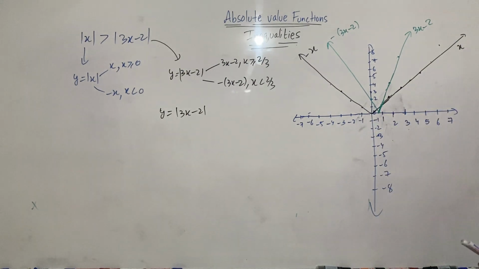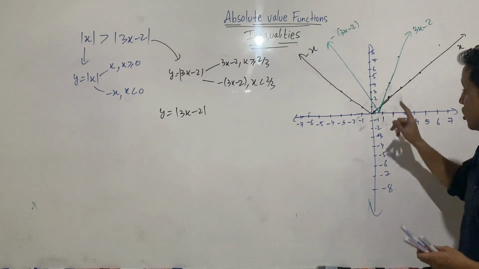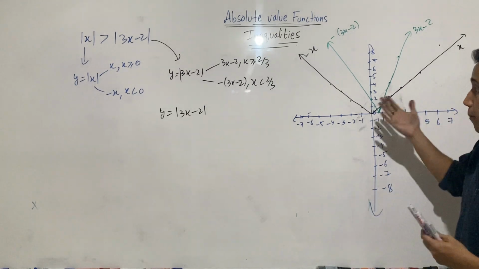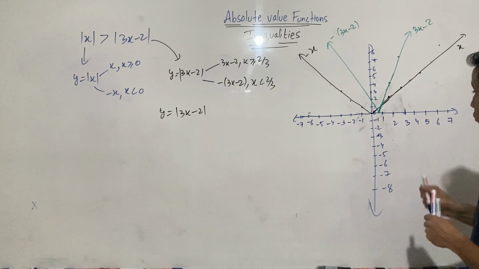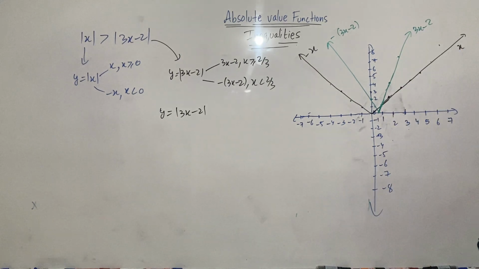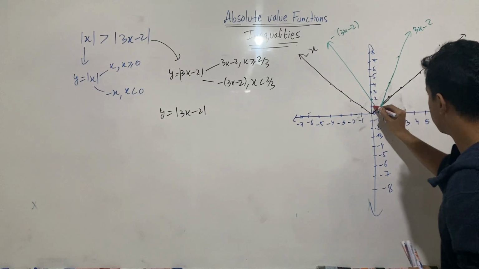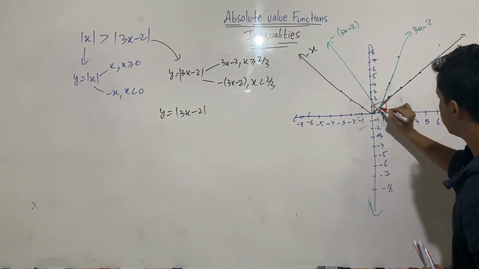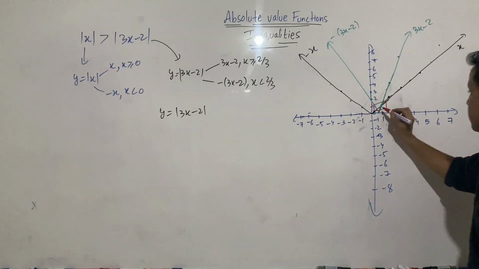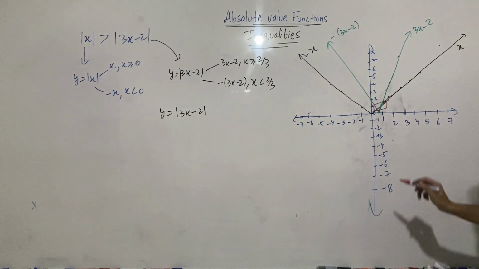So what's that part? See here, in what region is the black curve above green? Only for this region. You can see here it is above, right? It is above until this point at 1, right?